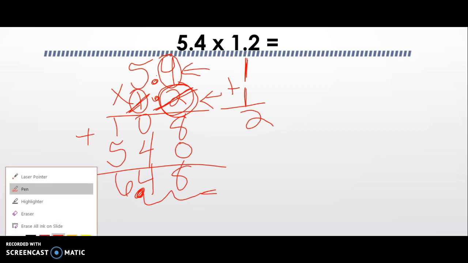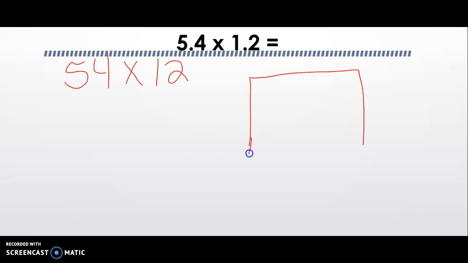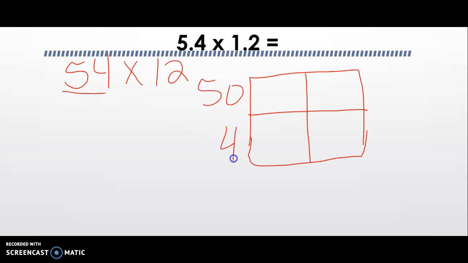If you're using the area model, work it like the decimal point is not there. So I'm looking at 54 times 12. Remember your steps for area model. If not, there is a video for multiplying with the area model. So however many digits I'm using, that's how many sections I need for each number. 54 in expanded form is 50 and 4.